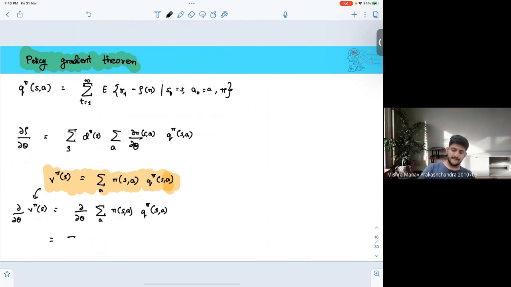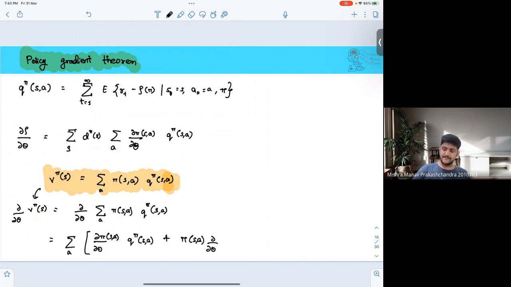So that looks like you have d pi by d theta, defined on s comma a, times q pi s comma a, plus I have pi s comma a times d by d theta of q pi s comma a. Okay, this is the chain rule.